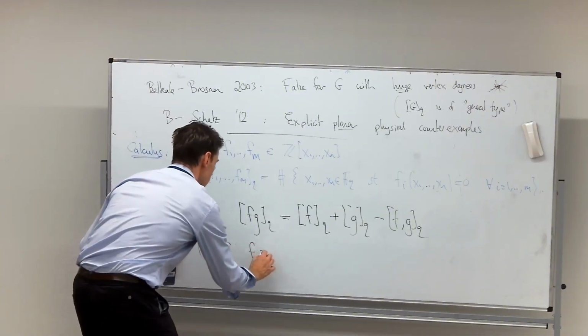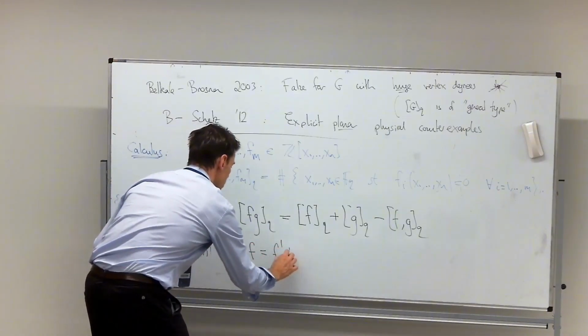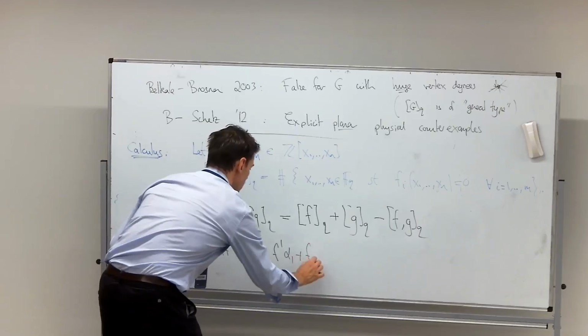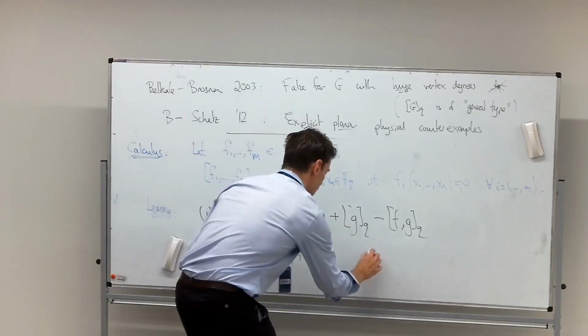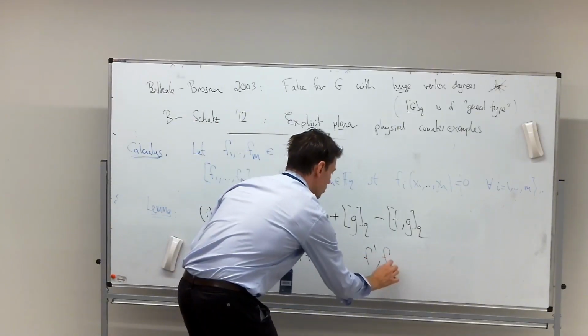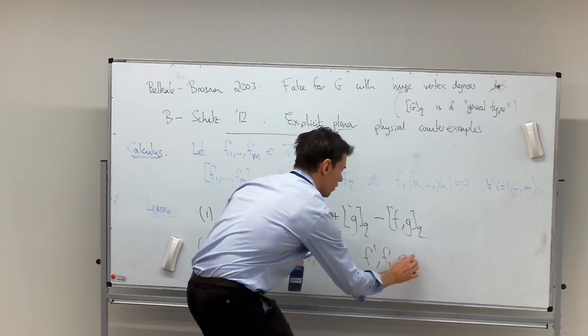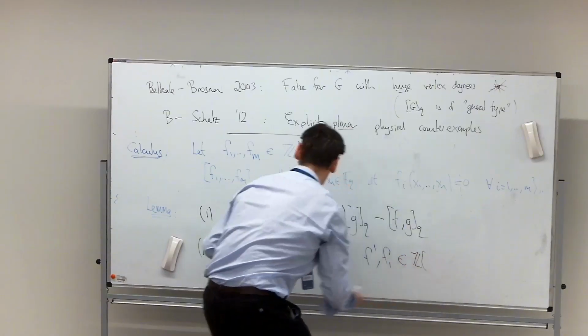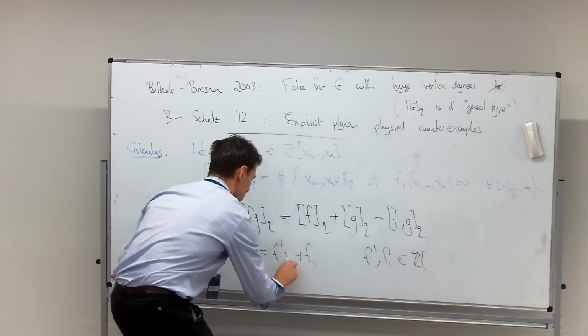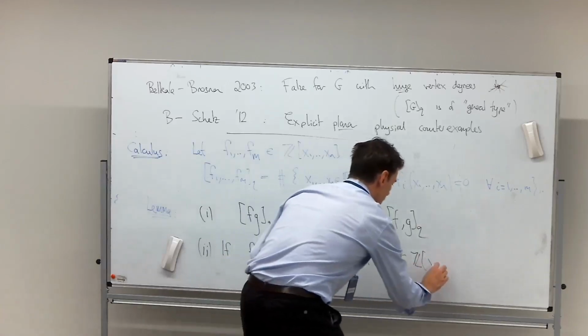f is linear in one variable, so where f upper 1 and f lower 1 do not depend on alpha 1. So I've written alpha, so I mean x1, x2.